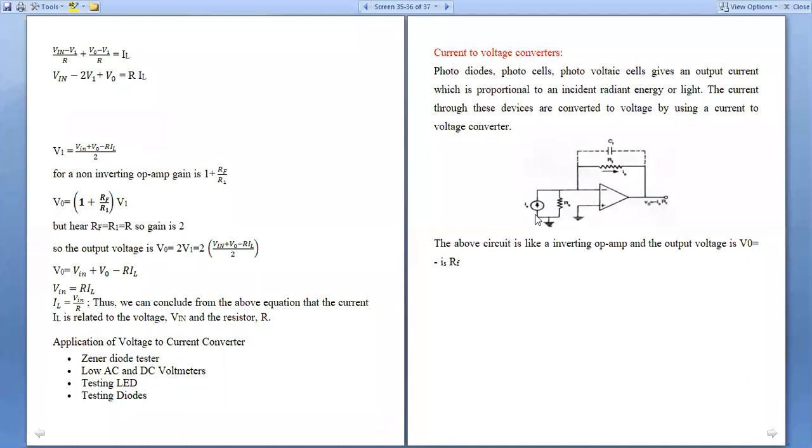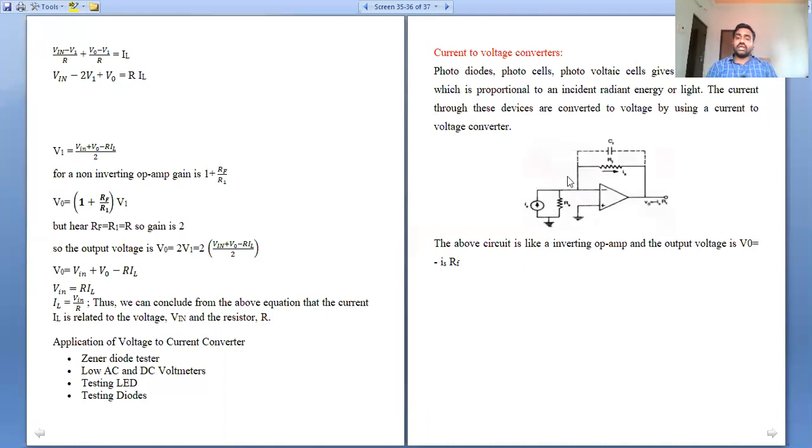Next the current will pass toward this input resistance or impedance. The input resistance Ri here is very high, which means the current will not pass through this resistance.